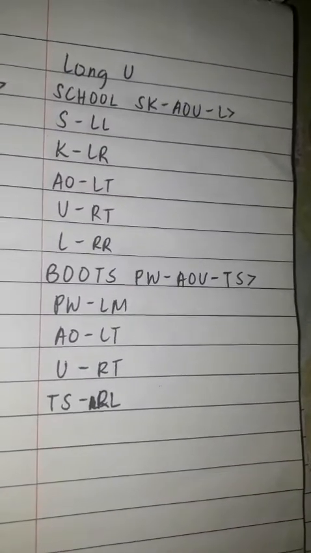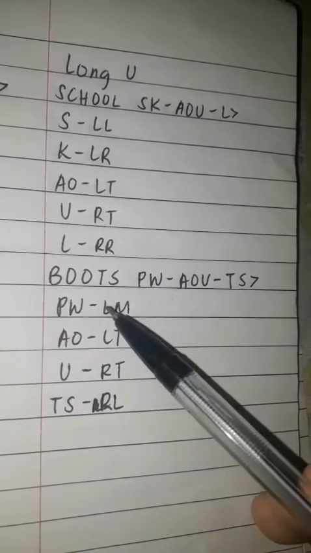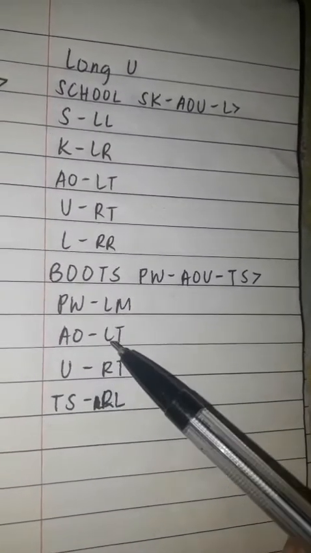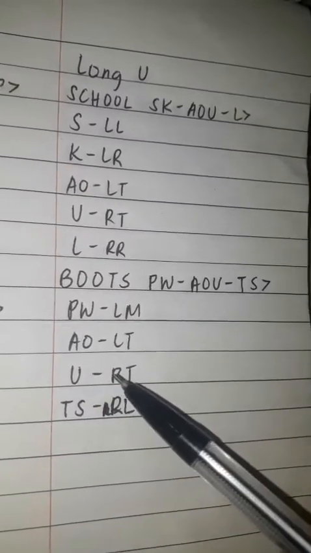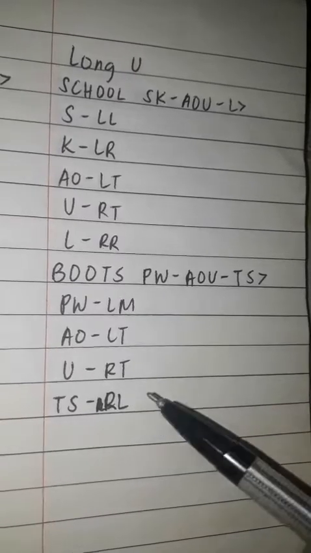So, the assigned fingers for the word boots, for PW, we have left middle. AO, we have left thumb. U, we have right thumb. And TS, we have right little.